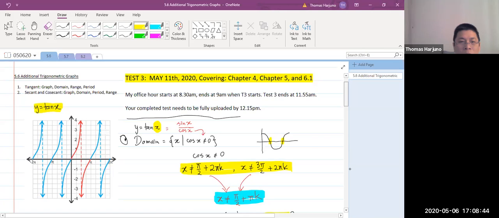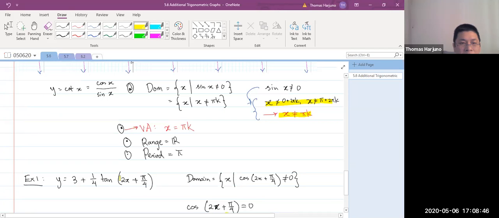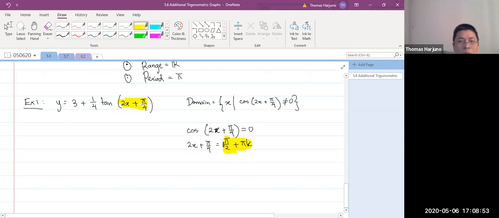So this guy has to be pi over 2 plus pi k, and then I solve it from there. So 2x equals pi over 4 plus pi k. So x equals pi over 8 plus pi over 2 k.